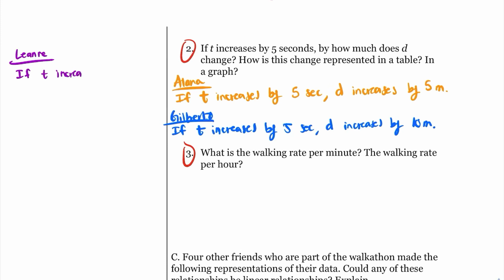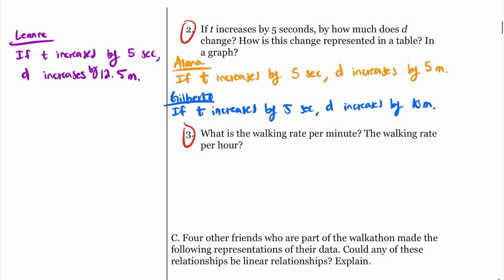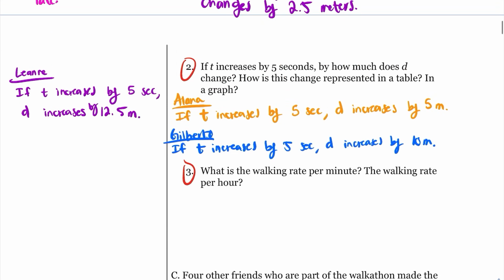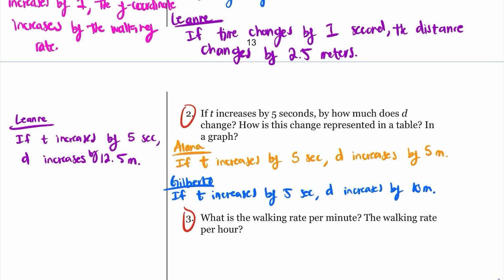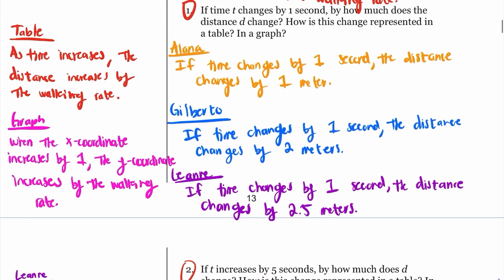If t increases by 5 seconds, d increases by, what is 2.5 times 5? 12.5? Hopefully that's correct. Increases by 12.5 meters. Okay, I'm not going to have you answer this part again because it's the same as what we wrote up here.